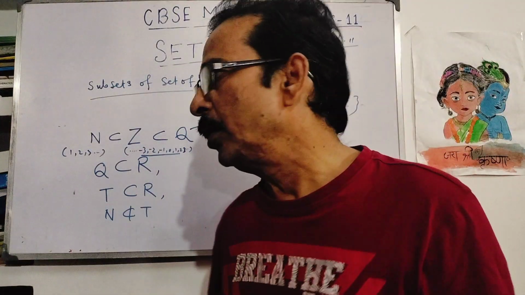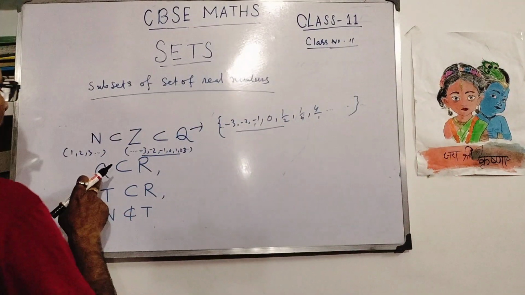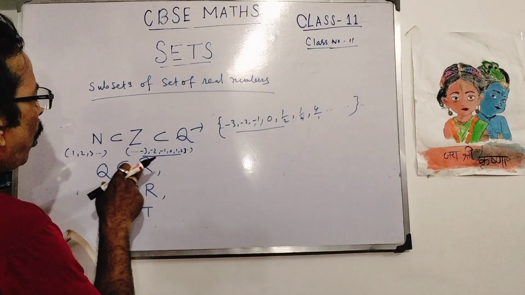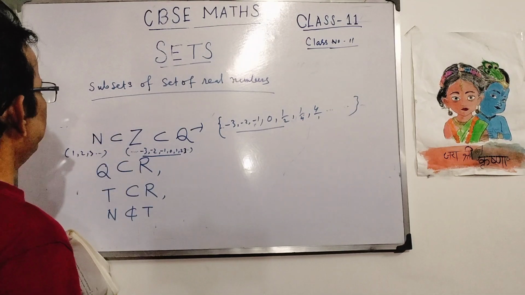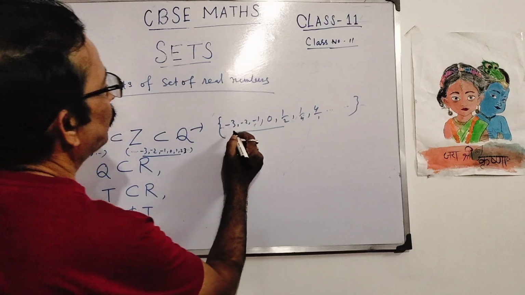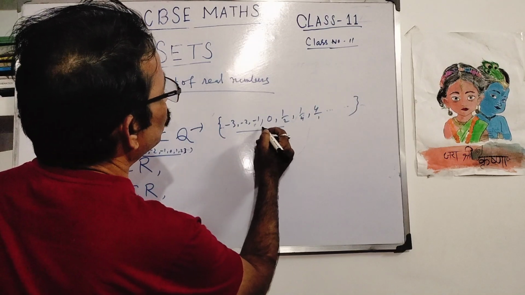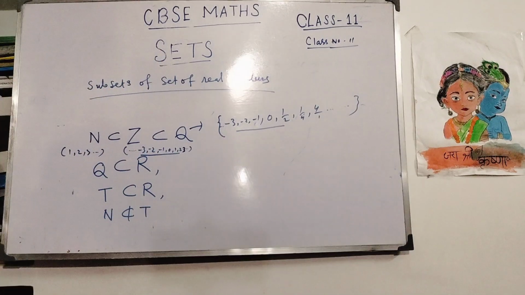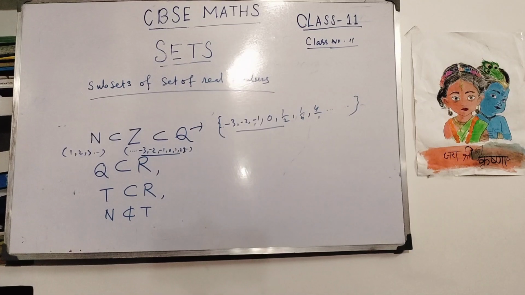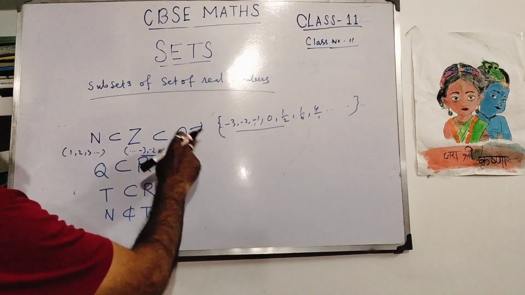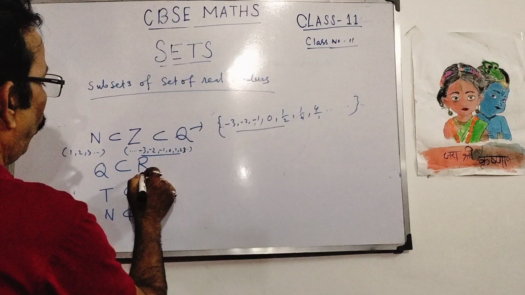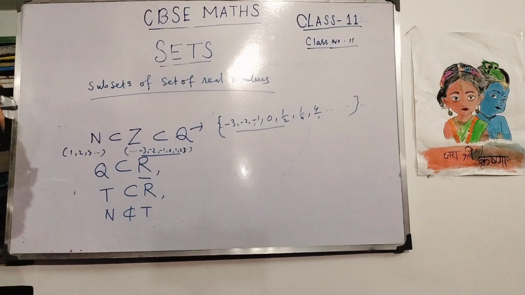So why is Q a subset of real numbers? Q means minus 2, minus 3, minus 1, 0, half, 1 by 4. In P by Q format, all these numbers are elements of set Q. And what is R? R is the set of real numbers.